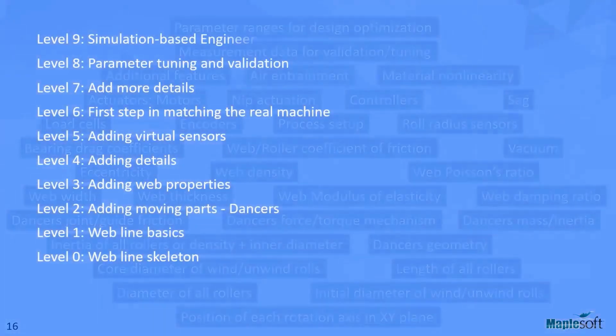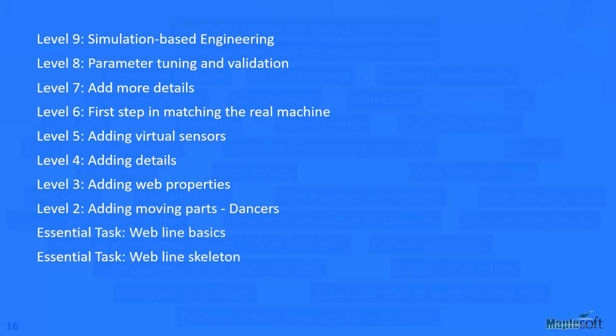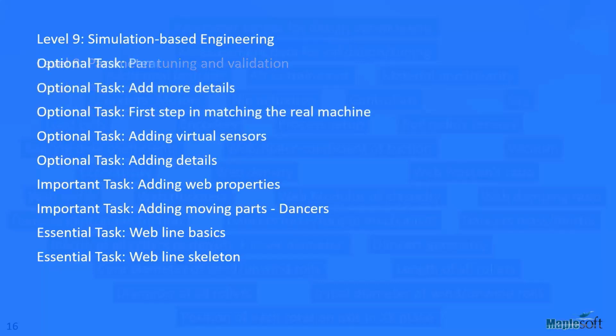Just to review these levels that I described a moment ago, although I call them levels, that doesn't mean that they have to be applied in this order. These are really more like tasks that you need to consider, and obviously creating a web line skeleton and basics would be essential, but after that it all depends on what is available and what is asked.